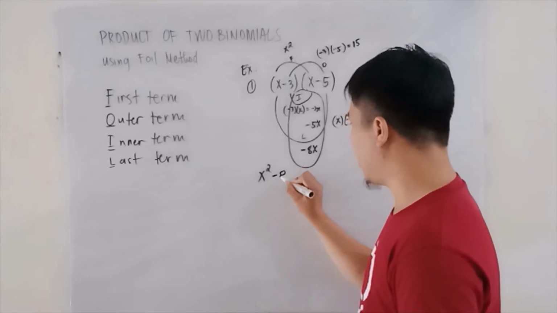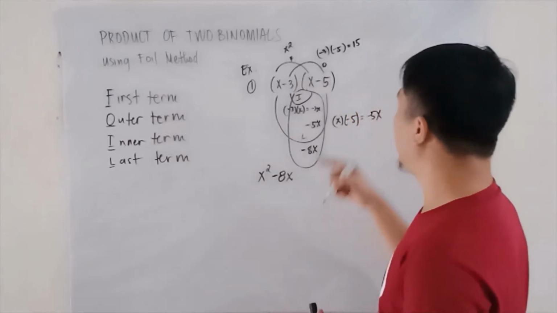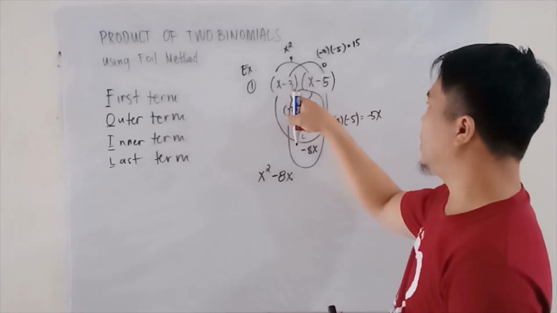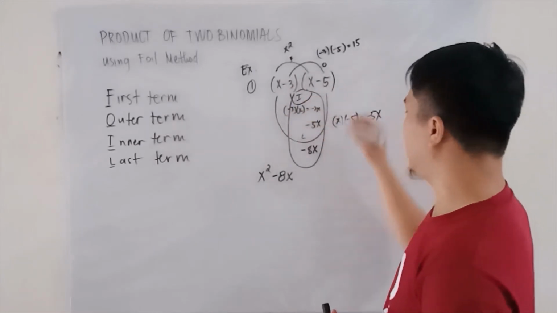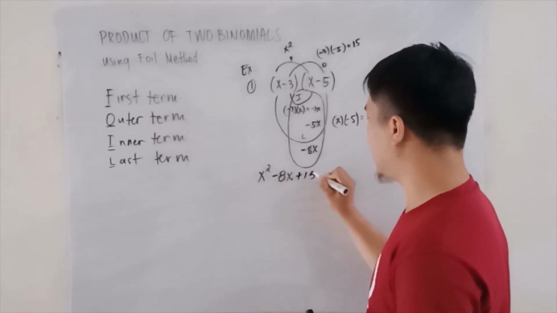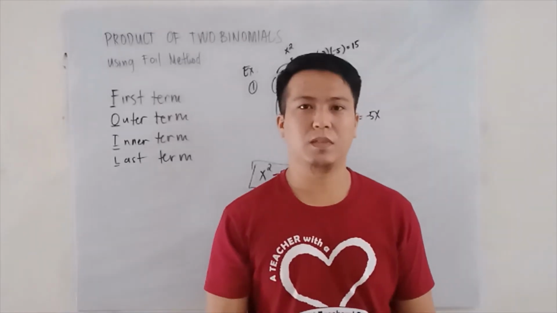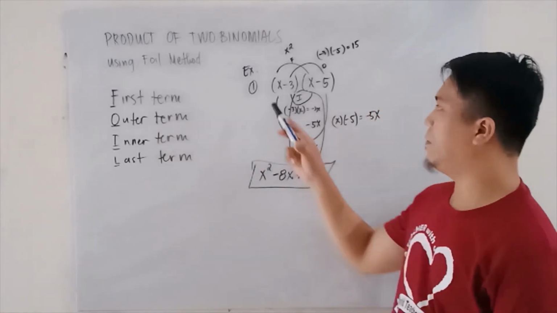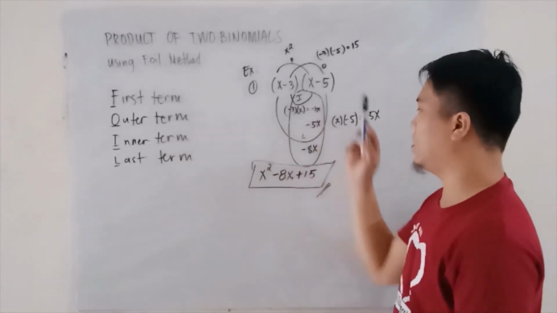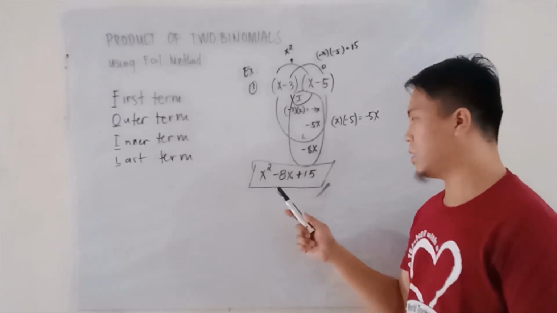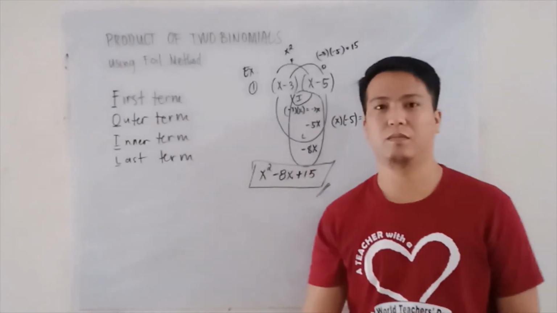And for the last part, since the product of the outer term is positive 15, you can write it as plus 15. So that is why the product of the two given binomials x minus 3 and x minus 5 is x squared minus 8x plus 15.